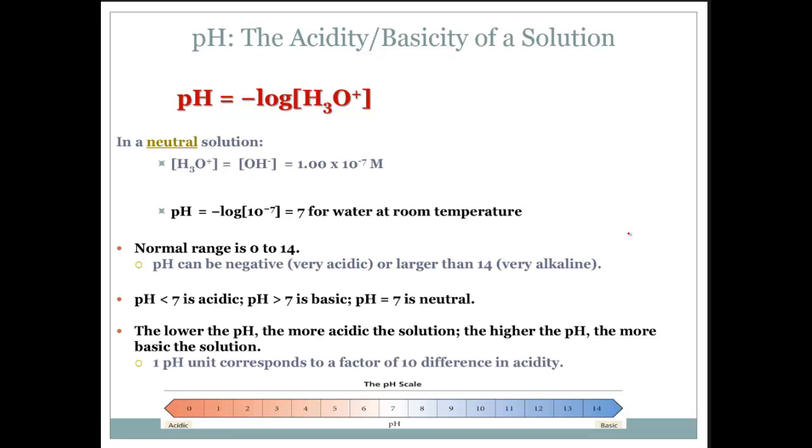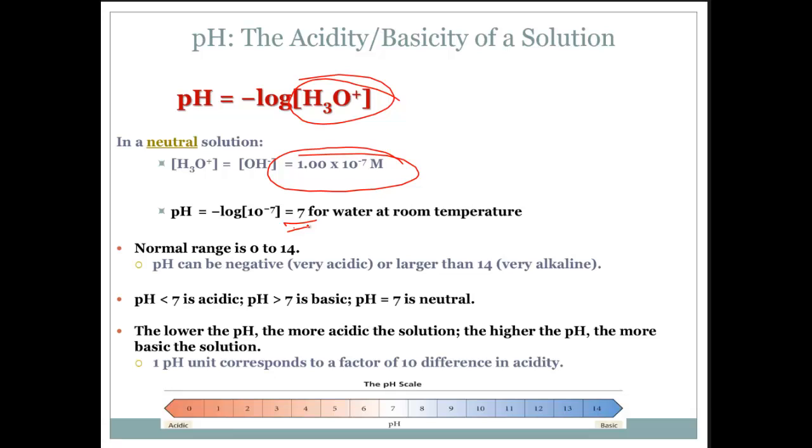The pH is the negative log of the hydronium concentration. In a neutral solution, the hydronium and the hydroxide are going to be the same, which is equal to 1 times 10 to the negative 7. If we take the pH of this, we find that the negative log of 1 times 10 to the negative 7 is 7 for water at room temperature.